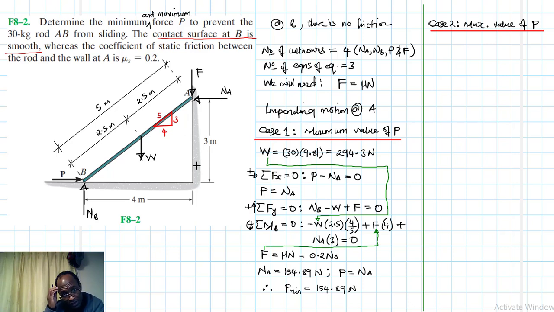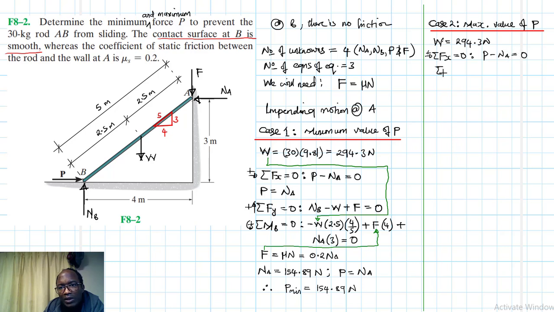Okay, so let's find this value. In this case, the equations are the same. W is the same, nothing changes. It's 294.3 newtons. Then we have summation of forces in the x direction. It still remains the same, which is just P minus NA equal to 0.